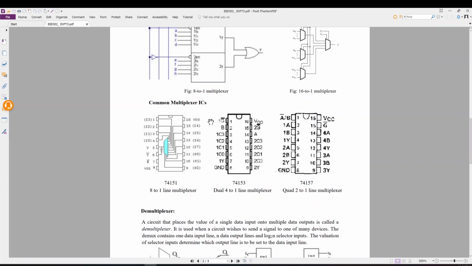This 2G and this 1G need to be grounded to operate these ICs. And the last one is 74157. It has four 2 to 1 line multiplexers.